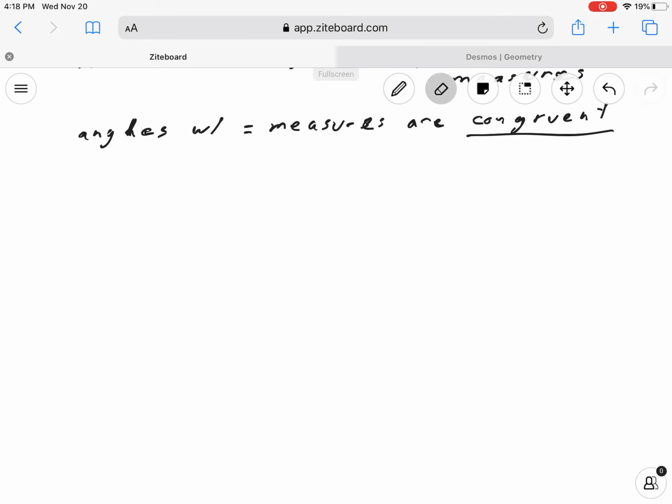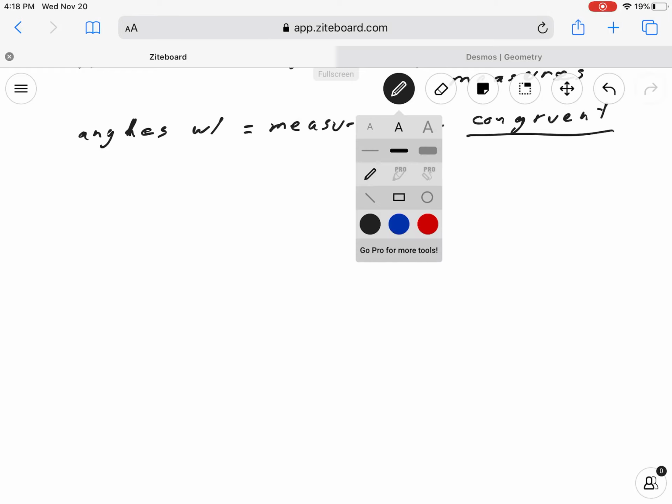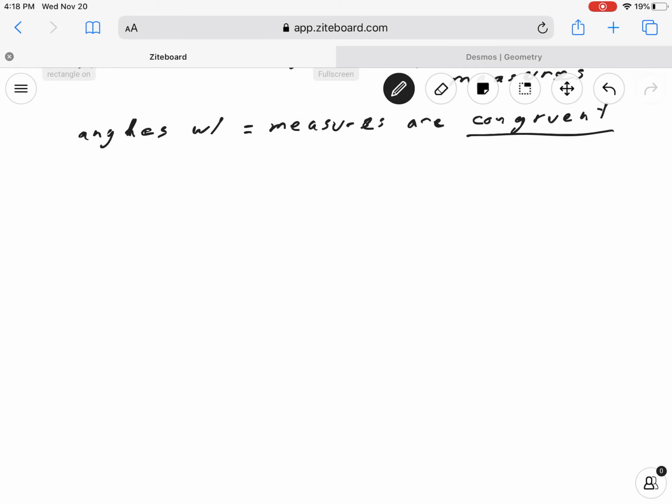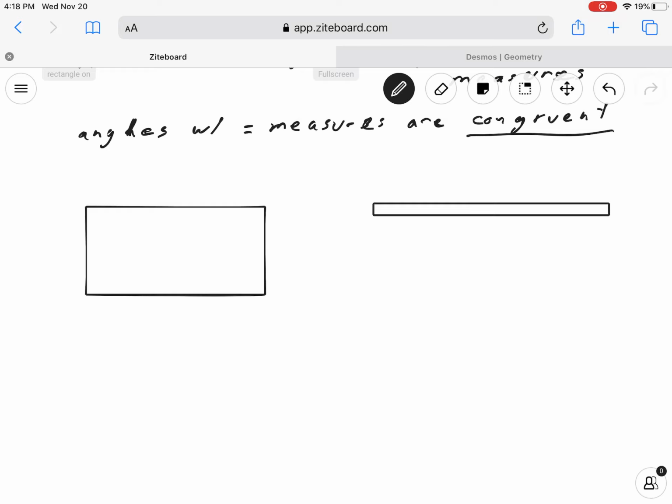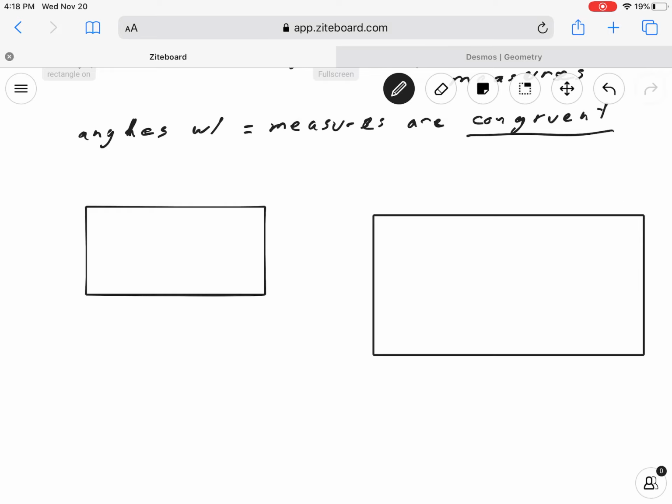Let me draw a couple of rectangles here. So if I have a rectangle and I have a second rectangle that I will try and make a bit bigger, and I will call them similar. Don't know for sure if they are, but I will call them that.